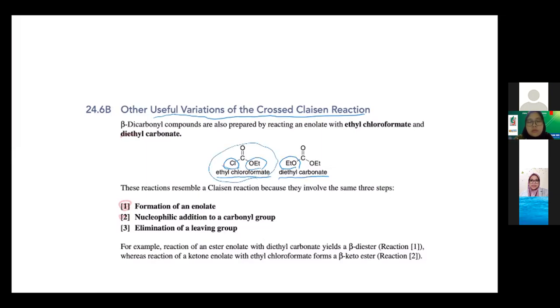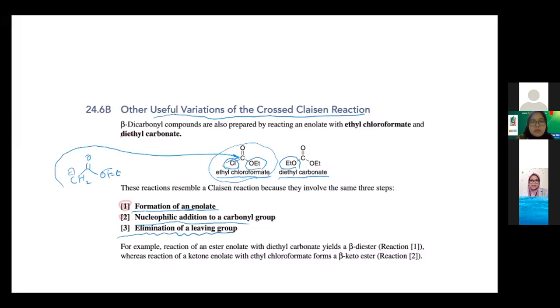The formation of the enolate is the same as the pure formation of the enolate, and then the nucleophilic addition to the carbonyl group. For example, this is called the nucleophilic attack here. And the next is the elimination of the leaving group.